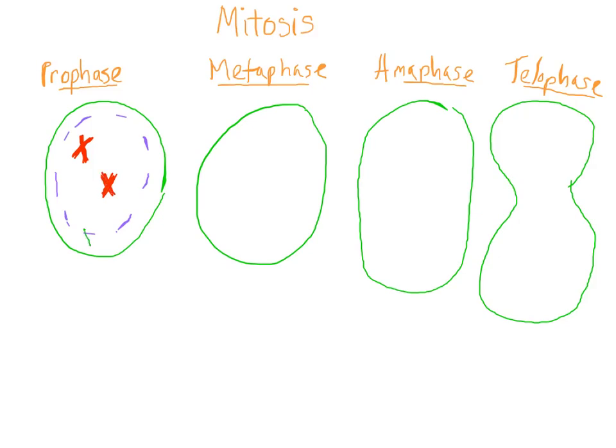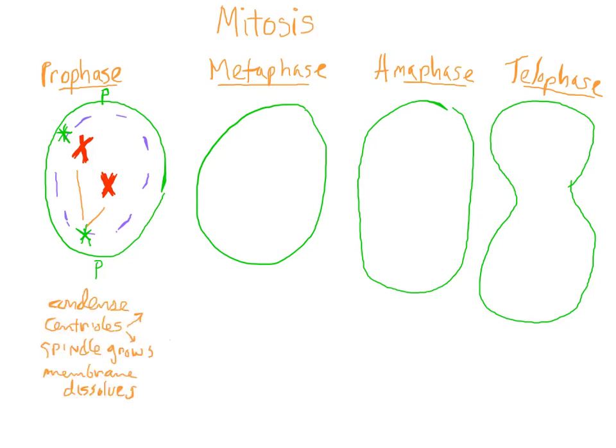The centrioles are starting to migrate towards the poles. So the poles of the cell would be represented by the top and bottom in this picture. And coming out of the centriole would be these spindle fibers, which are like fishing line. They're going to actually be pulling the chromosomes. Spindle fibers start to grow.